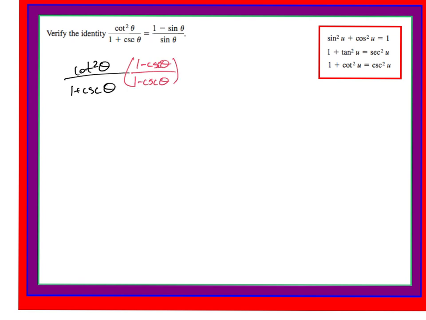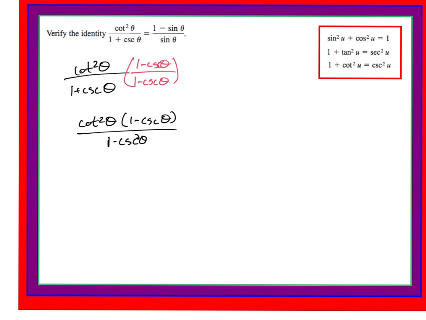All right. So up top, I'm just going to leave it as cotangent squared times 1 minus cosecant theta. And then what's going on in the denominator? What do I get? 1 minus cosecant squared theta.